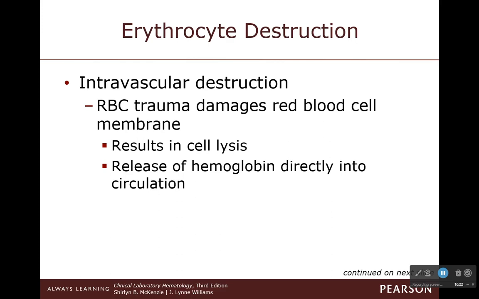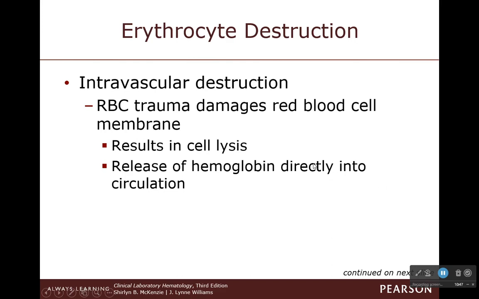Okay, so that occurs inside. We have a big chain reaction that begins to occur. And it basically just kind of damages the body system a little bit, okay? You start having too much intravascular destruction, then of course it leads to death, okay? Results in cell lysis and release of hemoglobin directly into circulation.